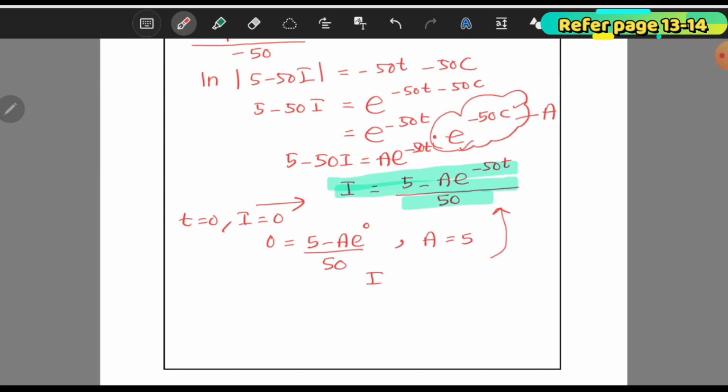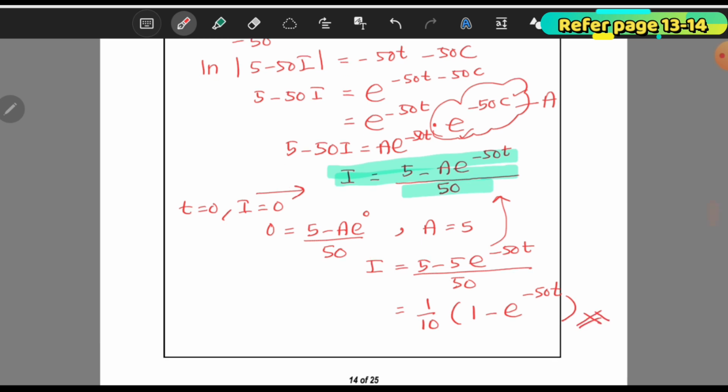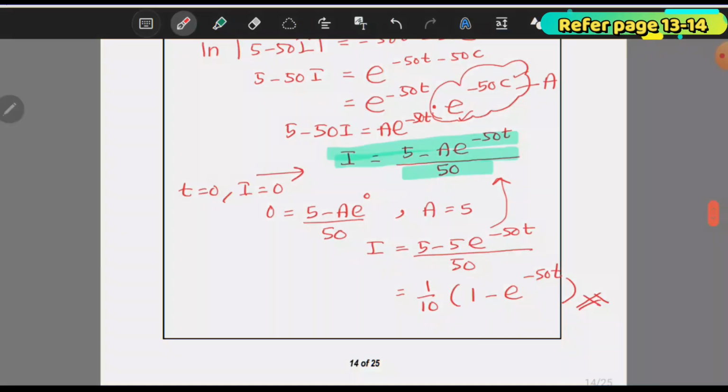We have i is 5 minus 5 exponent negative 50t over 50. We can simplify, and 5 over 50 is 1 over 10, right? So i equals 1 over 10 times 1 minus exponent negative 50t. So this is the equation.